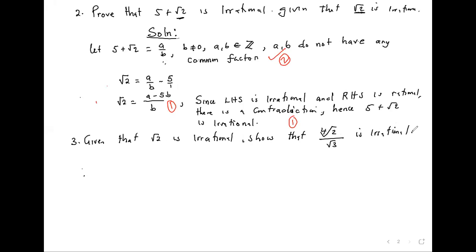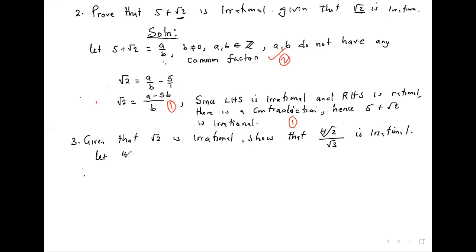So they've told us that √2 is irrational, and they've given us two things, √3 not mentioned, and they mentioned √2. So we start by writing the statement.